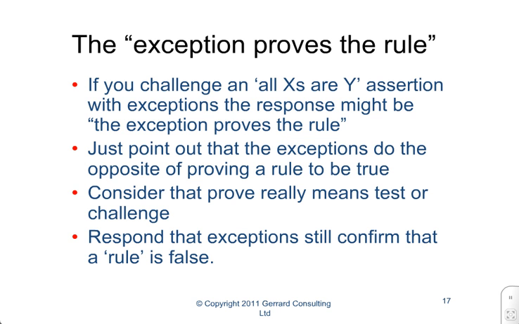It's false logic. It's not relevant. So we should make sure that we push back firmly on that. It is a likely challenge you'll receive, but just think, prove really means test, and we're testers. So if we find one instance where a rule isn't true, that means it isn't a rule, and we must, I think, stand firm on that analysis.